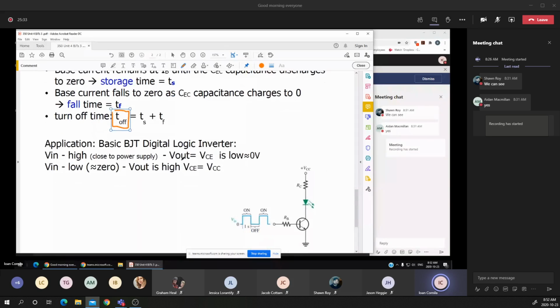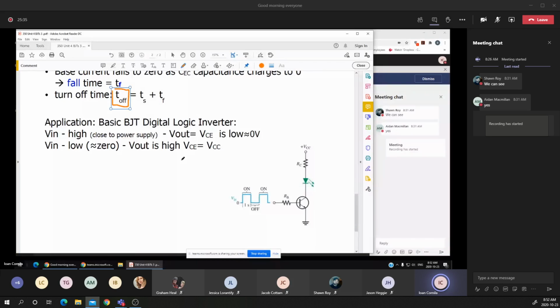Now, a basic application. I told you that I'm trying to make a bridge between this course and digital logics, which is next term's course, simply by having an inverter. Remember that in digital logics we don't have any intermediate values. We have just two values.